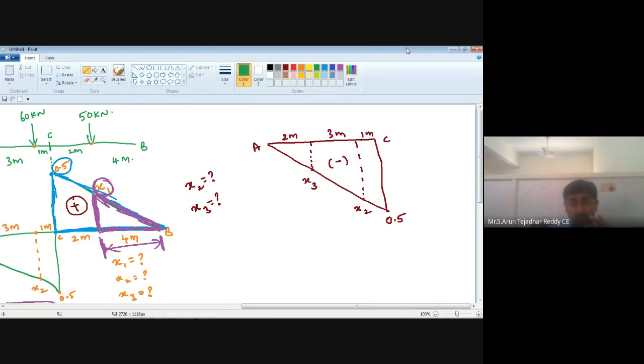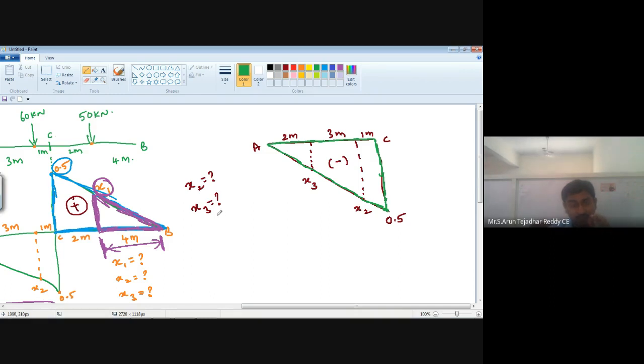What about the first bigger triangle? That is important. So green color, A to C, and downward we have 0.5. So this entire green color is the bigger triangle.